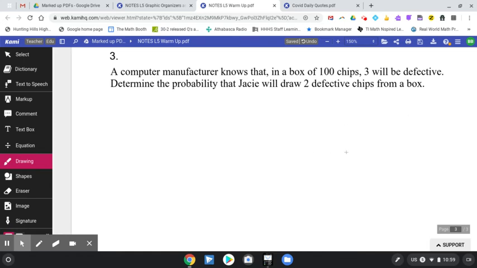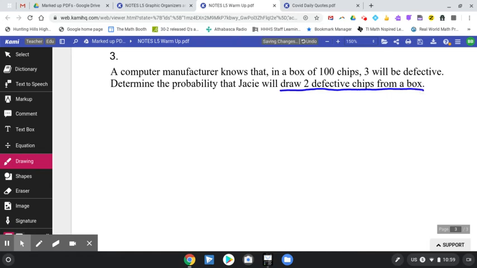Okay, and then number 3, a computer manufacturer knows that in a box of 100 chips, 3 will be defective. Determine the probability that JC will draw 2 defective chips from a box. So this is, again, one of those questions where it makes it sound like there's just one thing happening.